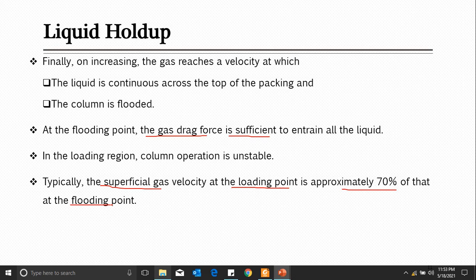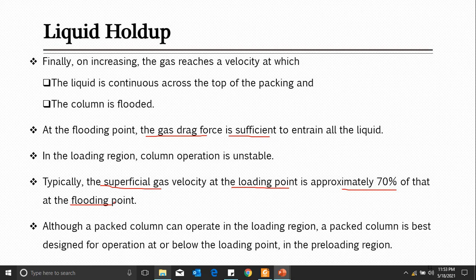You are already at 70%, and a further 30% increase will reach the flooding point. So any packed column should be operated below these points for stable operation. Although we can operate the column up to the loading region, that will definitely not be good, so they are operated below the preloading region. Why it will not be good, I have already told.